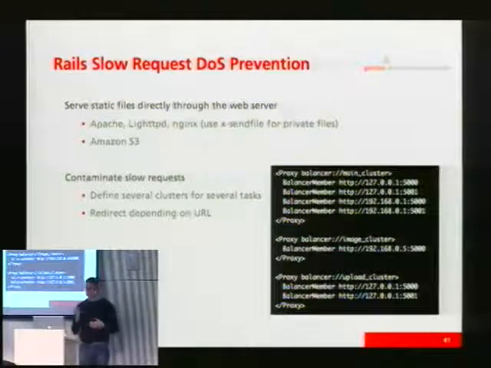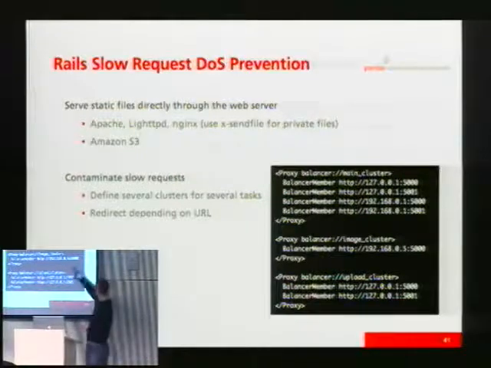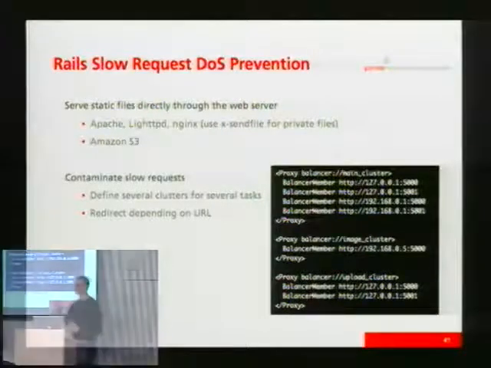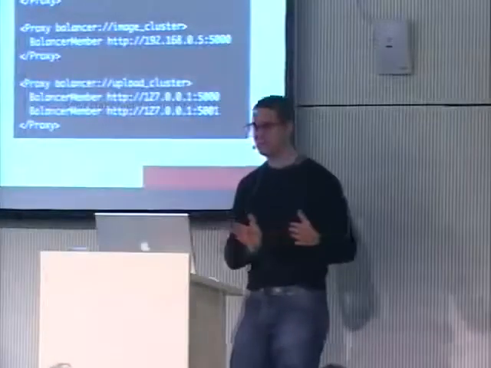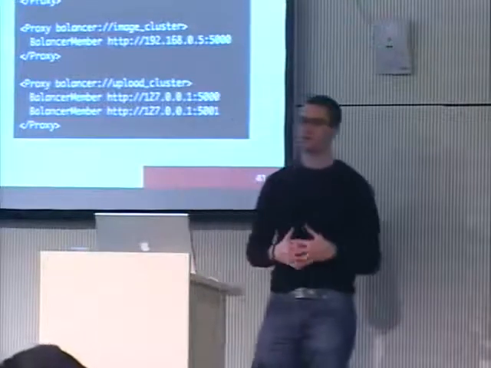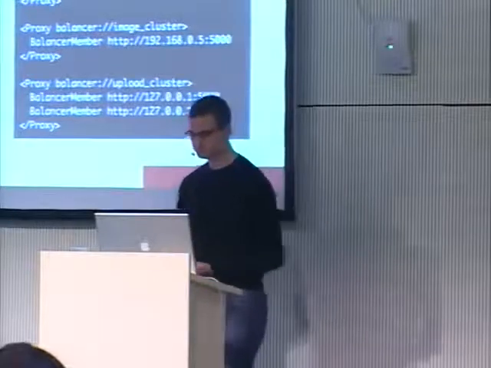So by doing this kind of separation, you can ensure that only this cluster will ever grow in memory. The others are only handling normal requests and will never call the ImageMagick code. This way, you can separate the functionalities and tasks, thereby ensuring that the rest of the site is working, even if one part of the site is not responding.